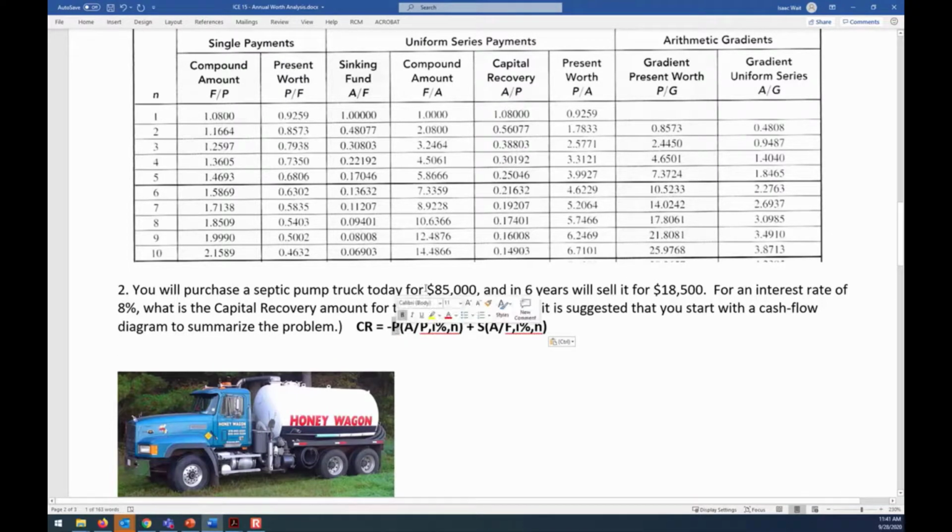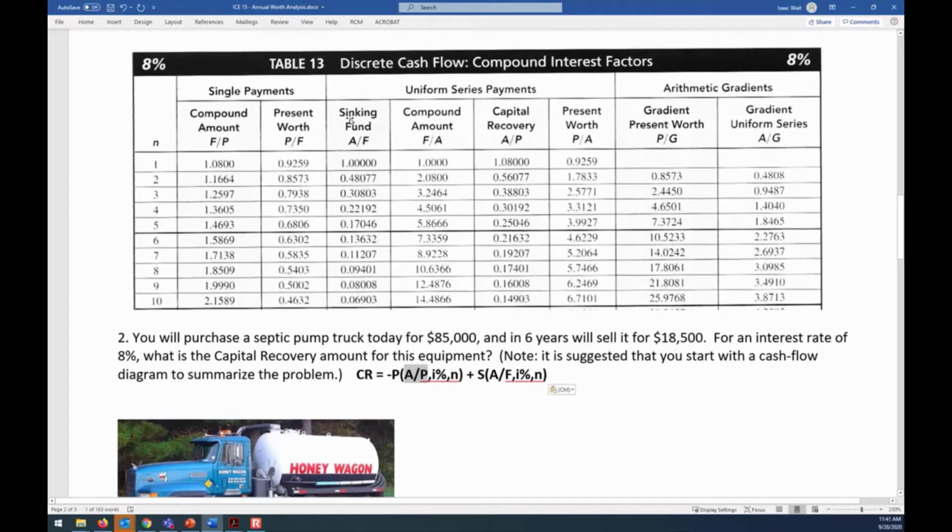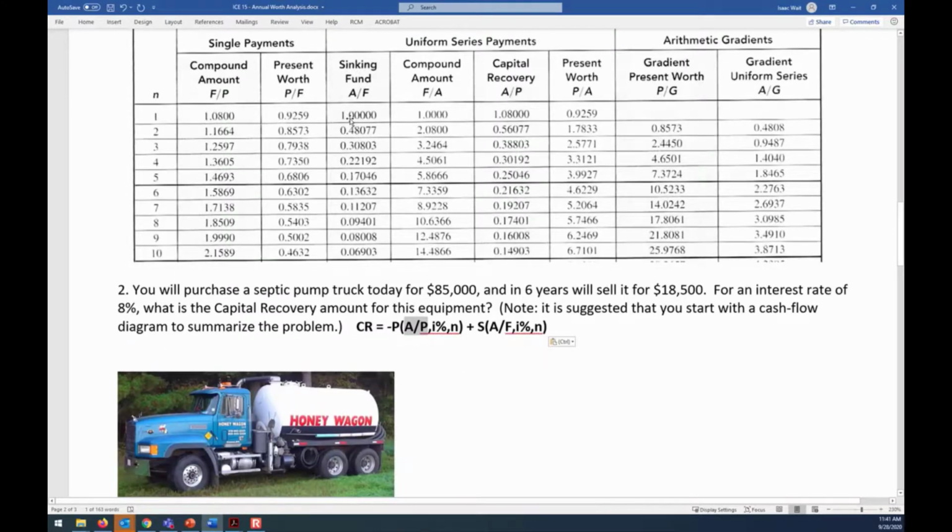And so our present amount is 85,000. And so it's saying find A given P. So here is the capital recovery column, A/P. And this is the 8% table, which is what we're working with. And it's 6 years that we need to spread it out over. So N equals 6. So we should use 0.21632 as our factor.